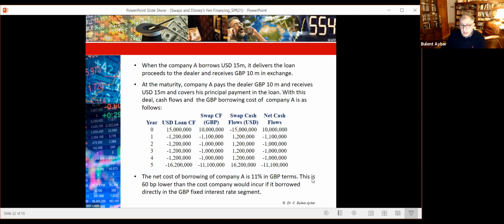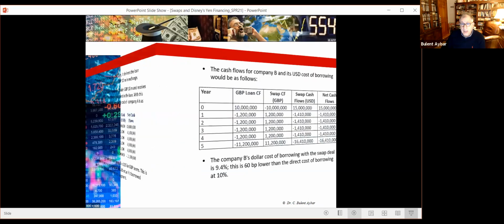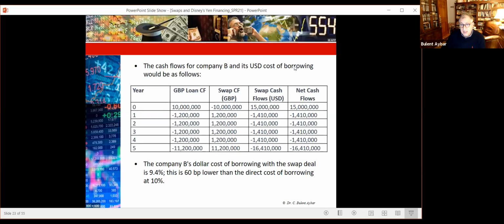This is obviously 60 basis points lower than the cost that the company would incur if it borrowed directly in the British pound fixed interest rate segment. So if we look at company B's cash flows, company B will go and borrow in the British pound segment, receiving 10 million British pounds.